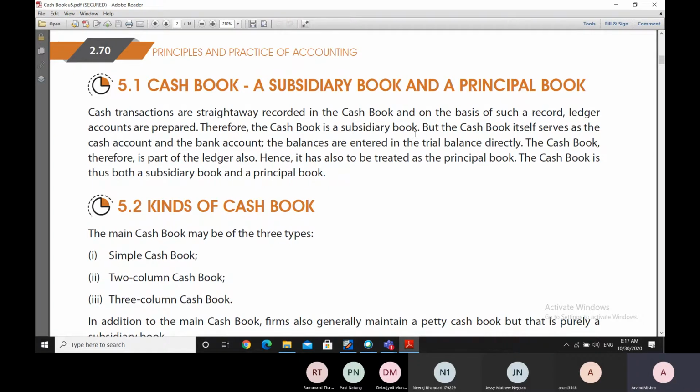But because the cash book itself serves as a cash account and the bank account, which are, as you know, part of the ledger, and since the cash account and the bank account role is played directly by the cash book itself, therefore the balances which are appearing in the cash book in respect of the cash account and the bank account, they are entered into the trial balance directly, and they don't need to go through the ledger route.